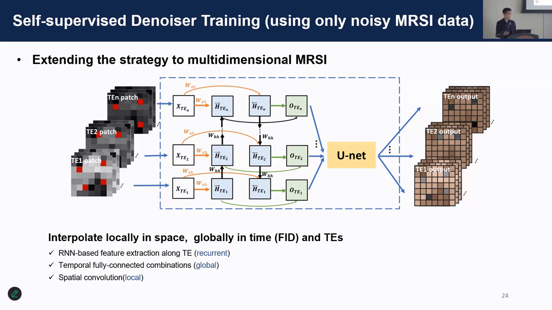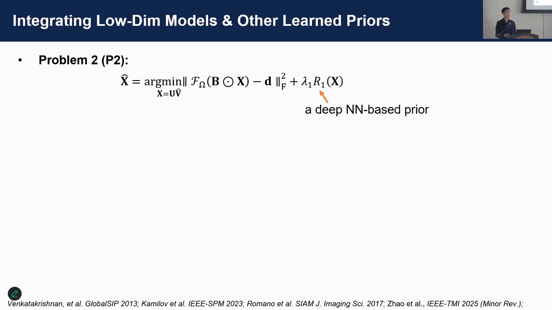Once we train this self-supervised denoiser, we can figure out a way to incorporate it into a regularized reconstruction formulation, as has been done by many of the works established by people in the audience here. We can also combine it with a traditional spatial constraint, such as an edge-weighted constraint, and integrate it with our low-dimensional subspace model, with the V hat here coming from a pre-learned low-dimensional subspace.